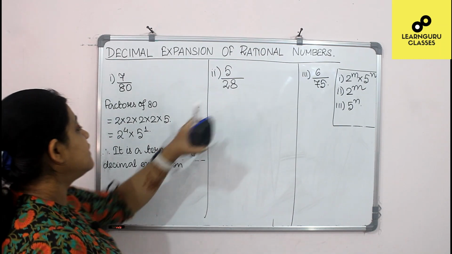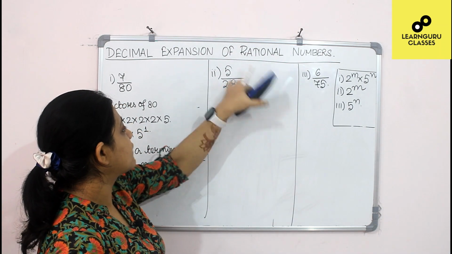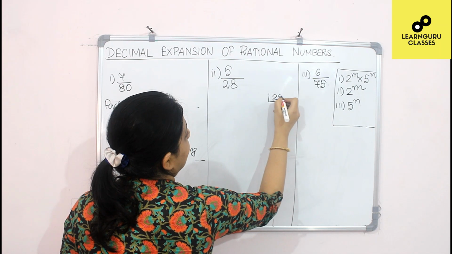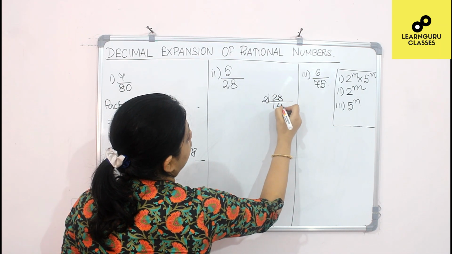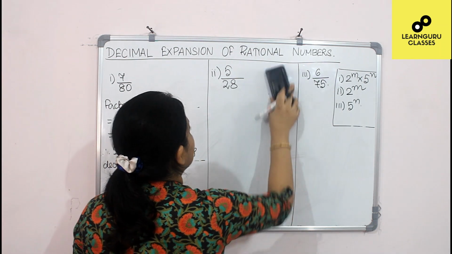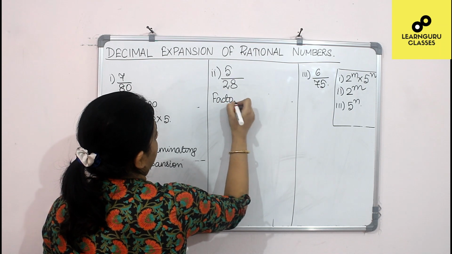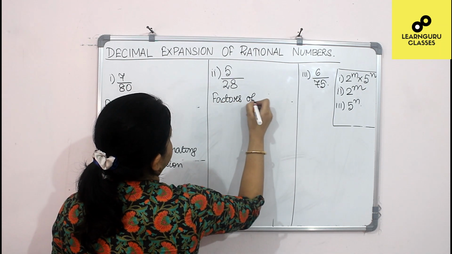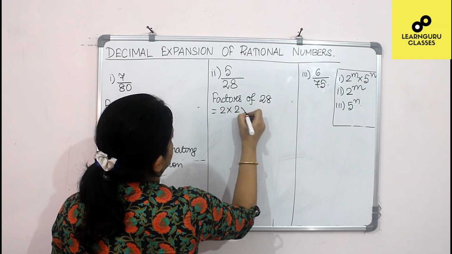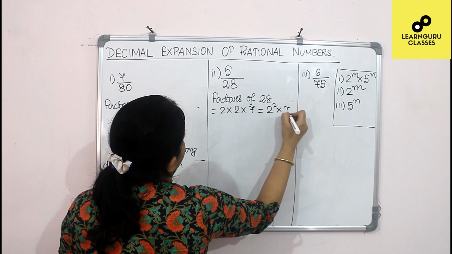Next is 5 by 28. Same here, you have to factorize the denominator. How will you factorize? 28, 2 ones are 2, 2 sevens are 14, 2, 7. So the factors of 28 are 2 into 2 into 7, that is 2 square into 7.